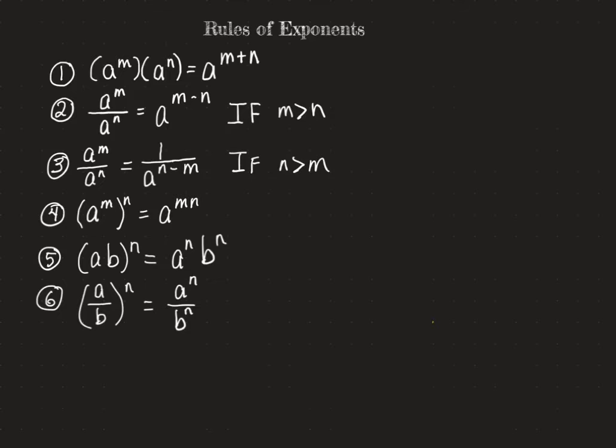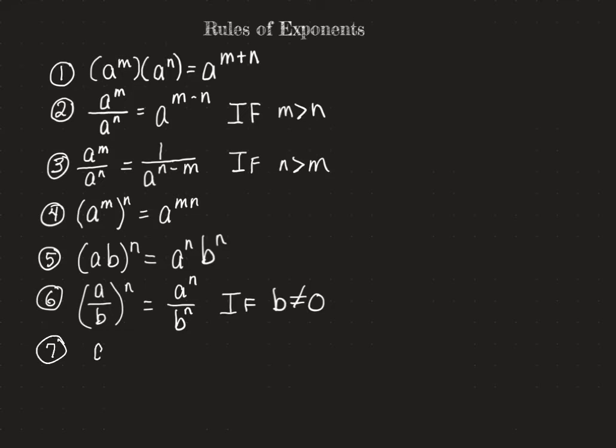But there is one restriction for this rule. b cannot equal 0. You cannot say that 5 divided by 0 squared equals 5 squared over 0 squared, because this has no meaning in the first place. So you cannot have a 0 in the denominator.